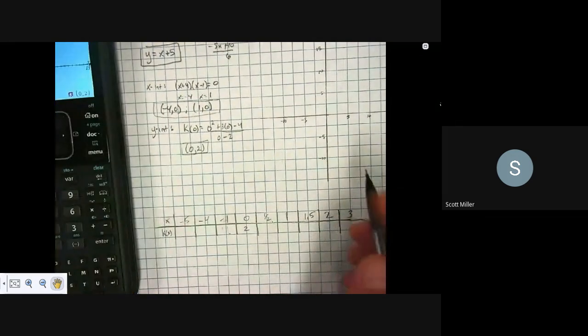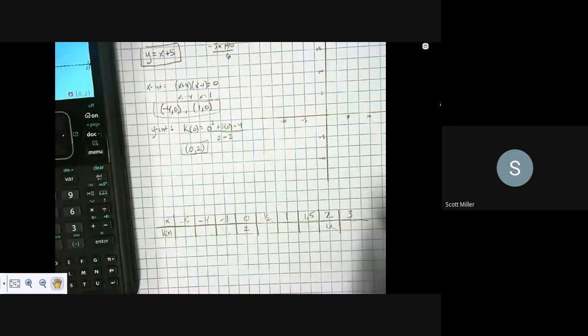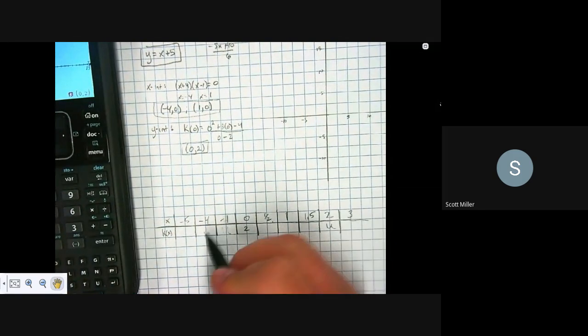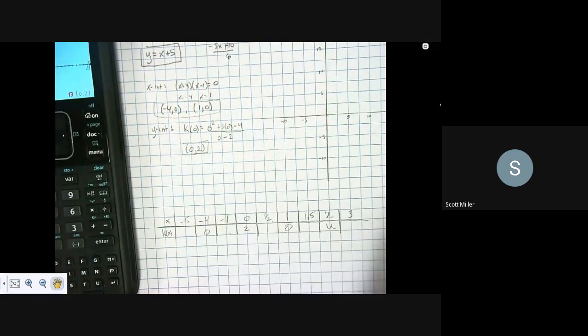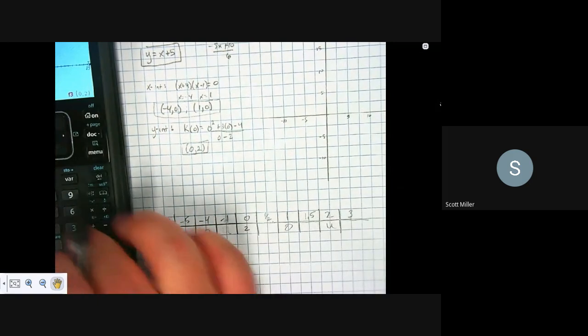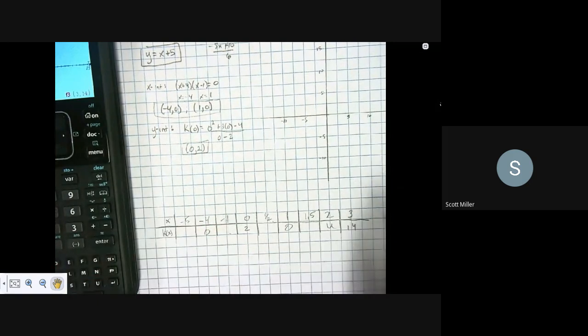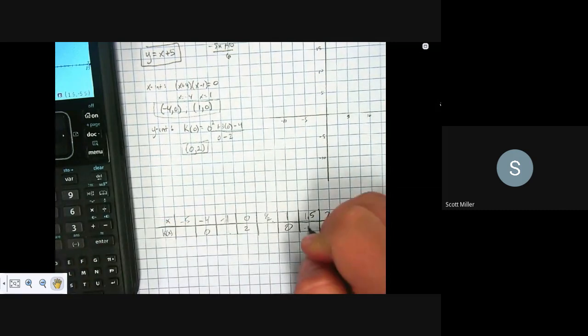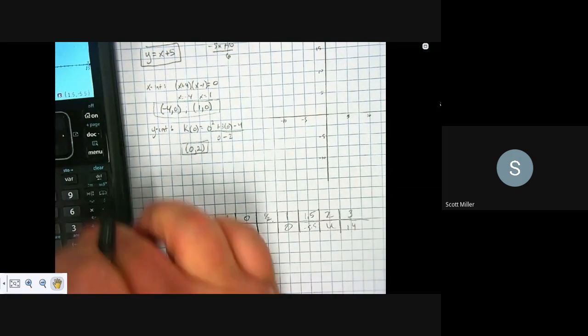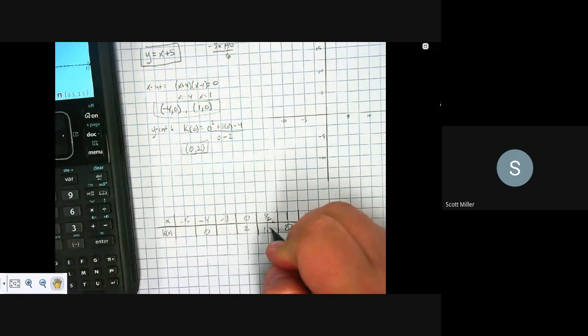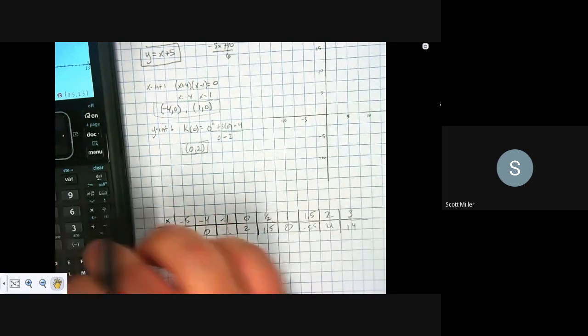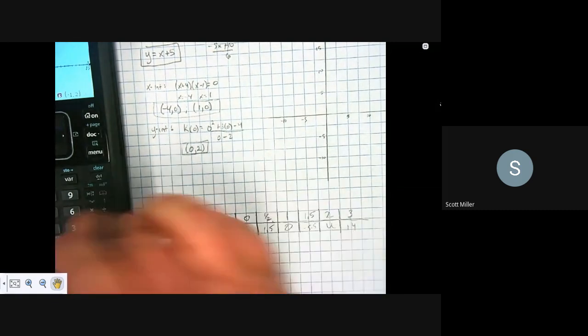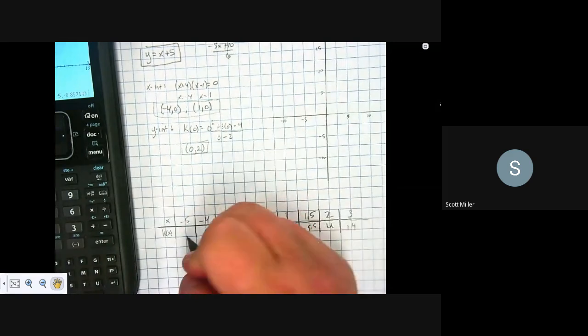We have a vertical asymptote here, which is undefined. At -4, y is 0. At 1, y is 0. We type in 3, and I get 14. At 1.5, it's -5.5. At 1/2, it's 1.5. At -1, it's 2. And at -5, it's -0.9.